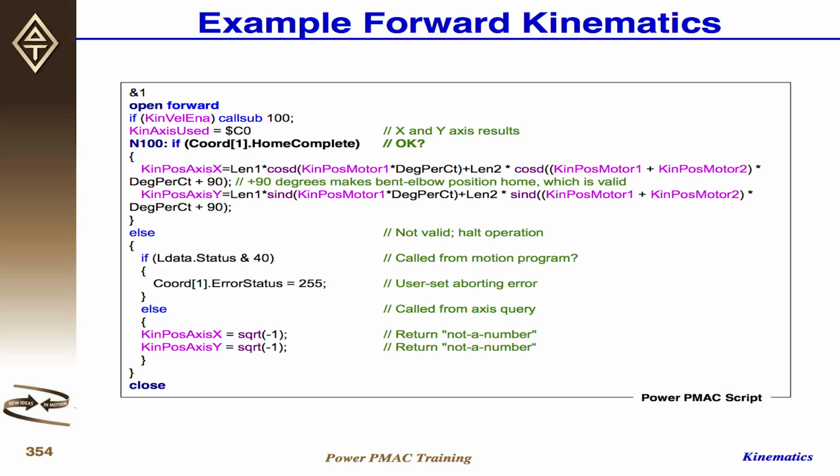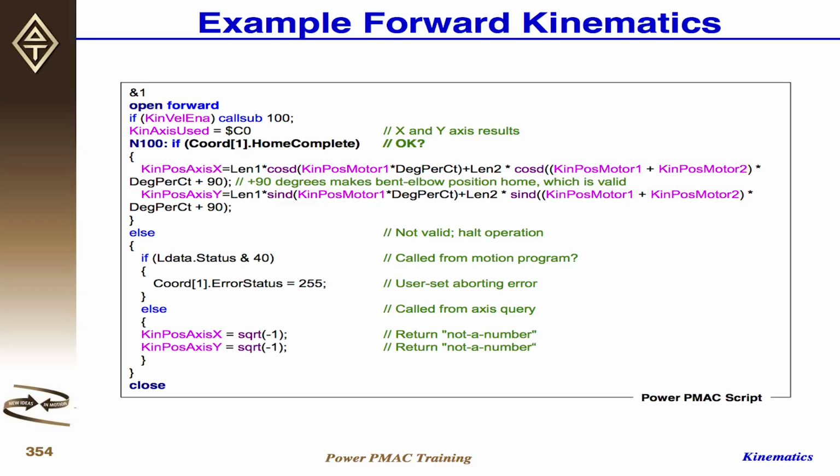So you can see here, the inputs are the motor 1 position and motor 2 position, right? That's the input. The output will be the position of axis X and axis Y. Okay? Here's a 90-degree term in here. I want to explain that a little bit.